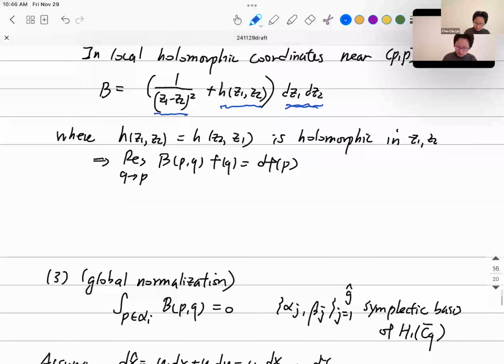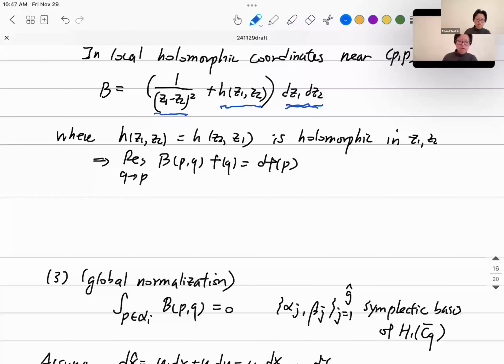Take any symplectic basis of the first homology of the compactified mirror curve, and you require that if you integrate B(P,Q), taking the first factor and integrating along the A cycles alpha_j, these are all 0.